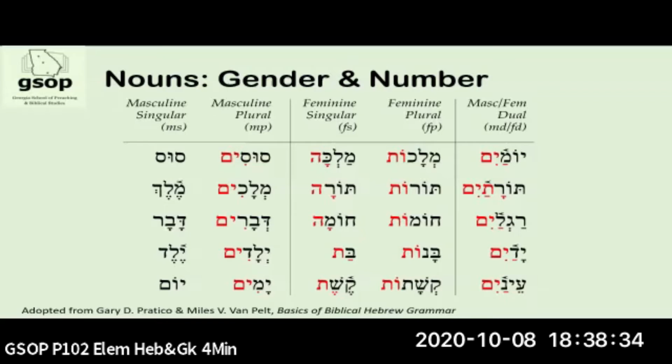Anybody remember what davar means? We just did it. Word. Thank you. Okay. Davar means word, not plural. However, davarim is plural, right? So again, we got the shva for the plural. I'm looking at the shva underneath it, that's davarim. And so that's the plural form of it.